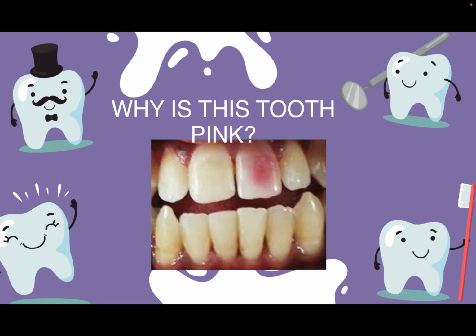Because enamel and remaining dentine become very thin, the underlying vascular tissue becomes visible through the tooth structure, producing a pink and reddish translucent appearance. So basically, in clinical terms, the pink color is not a stain.